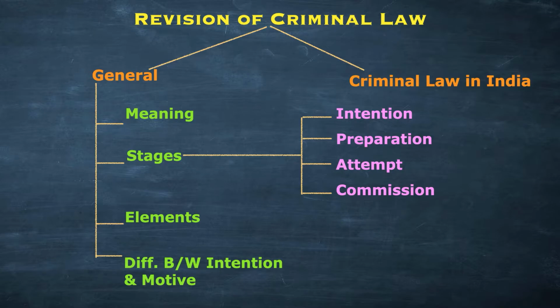So the difference between all these 4 terminologies is, for intention there is no punishment, because what is going on inside your mind no one knows. So you cannot be punished, you cannot be arrested for that. But once you start preparation, here there is some confusion, because sometimes it is not possible even to arrest or punish you while you are at the preparing stage.